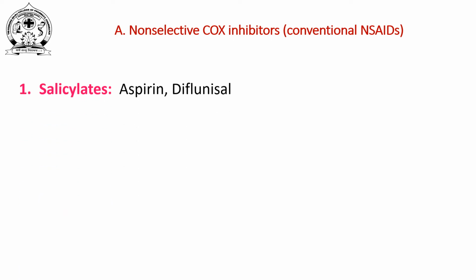These are again classified into different classes depending on their chemical structure. The first class is salicylates. Examples are aspirin and diflunisal. These drugs have salicylic acid, that is orthohydroxybenzoic acid, in their structure.